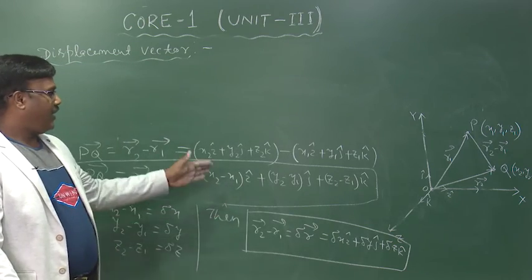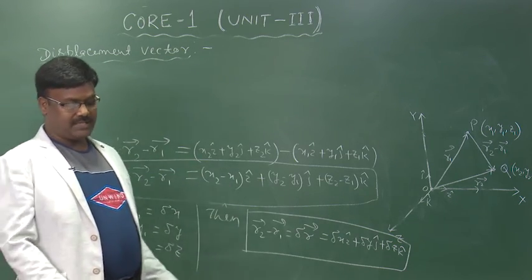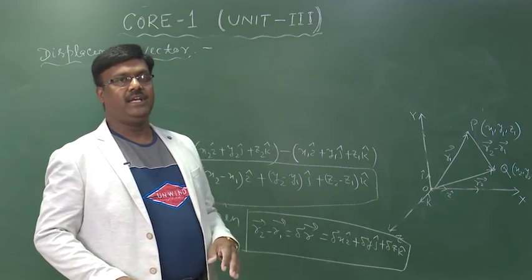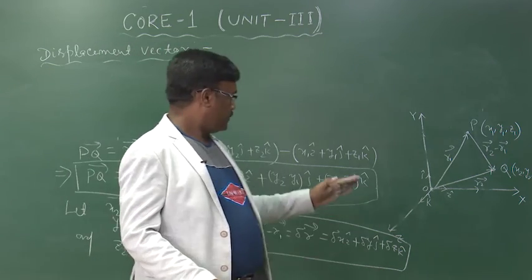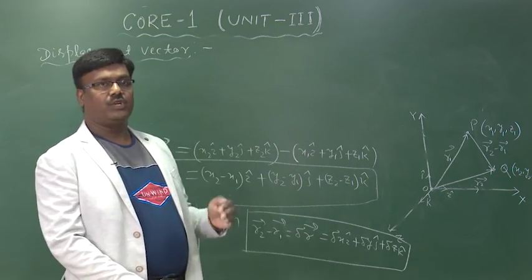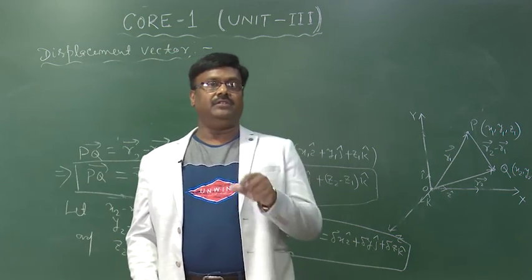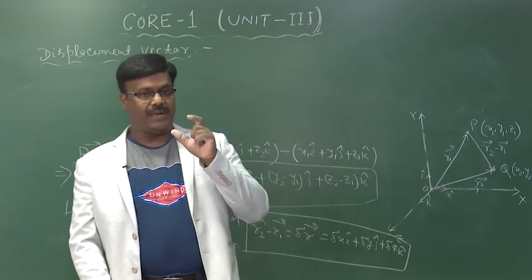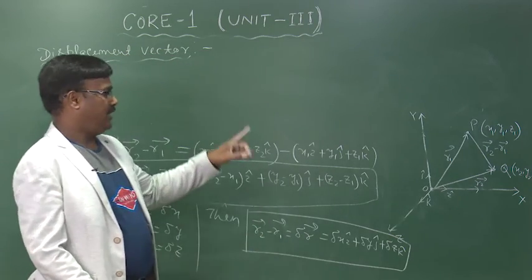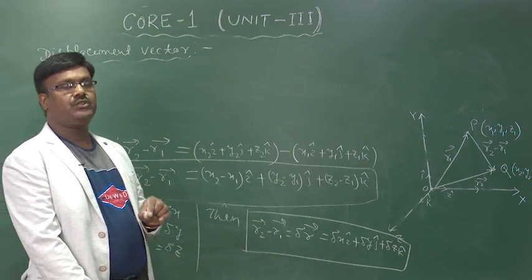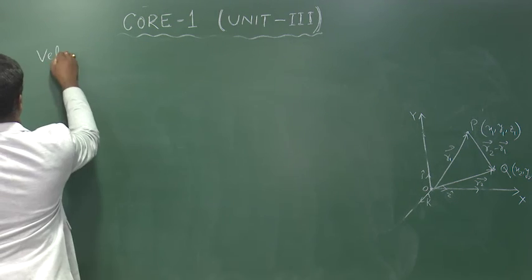And this is the expression for the displacement vector of a particle with respect to the origin of a coordinate system. Now let us calculate the velocity of a particle with respect to a coordinate system.